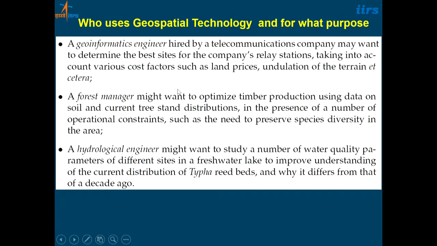Now a forest manager might want to optimize timber production, again a very important application. He wants to optimize it using data on soil, current trees and their distribution, in the presence of a number of operational constraints, such as the need to preserve the species diversity in that area.